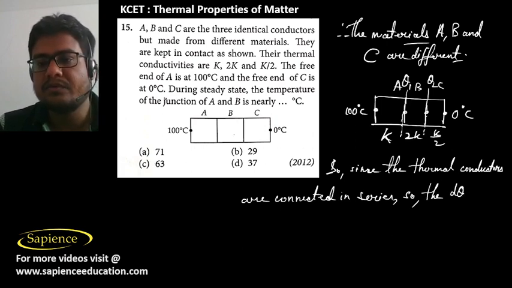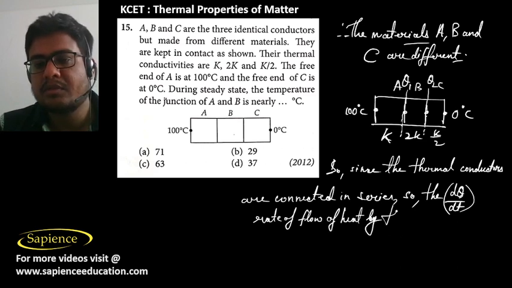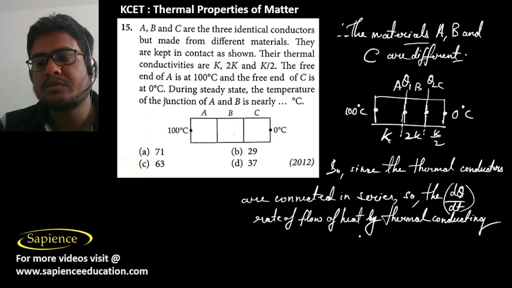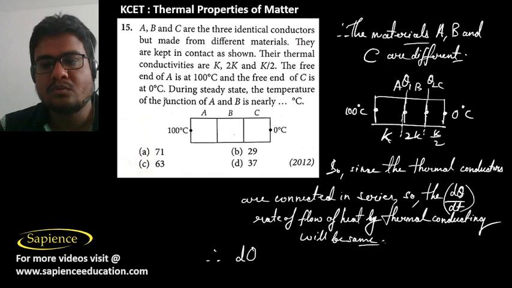So the value of dq by dt, which is the rate of flow of heat by thermal conduction, will be the same. Rate of flow of heat by thermal conduction will be same.